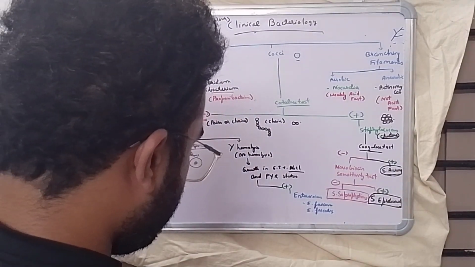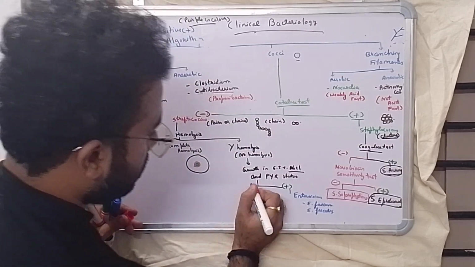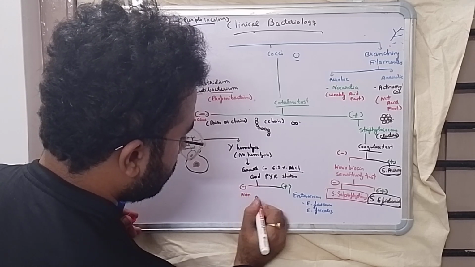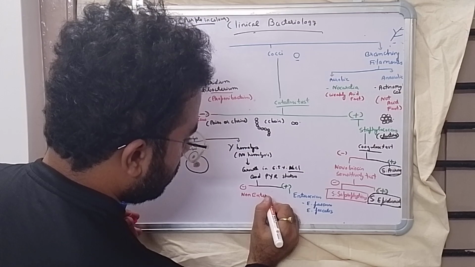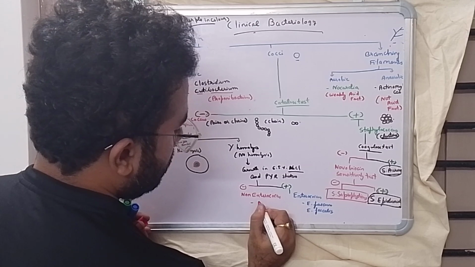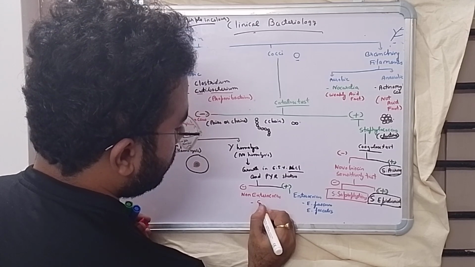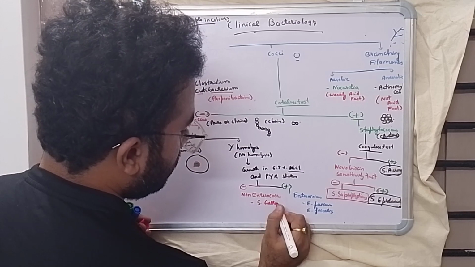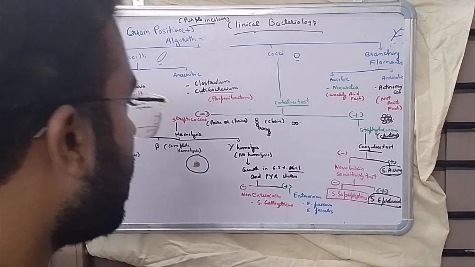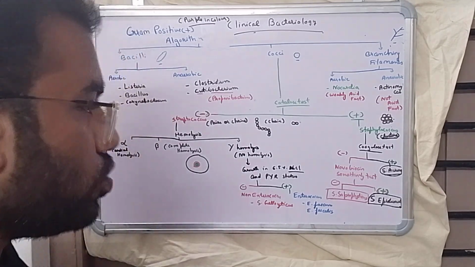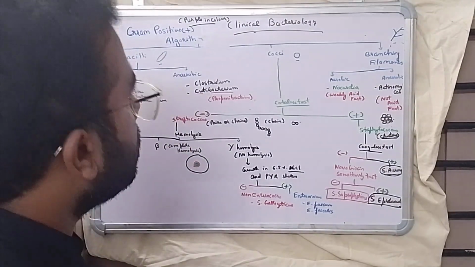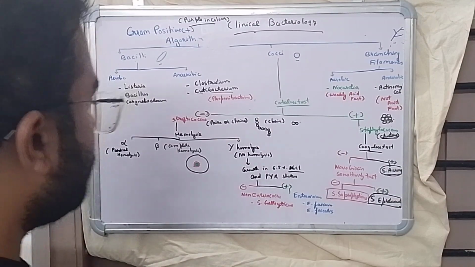And if it is negative, then the examples are non-Enterococcus, for example S. gallolyticus. Pronunciation is bad. So it's been clear, right?